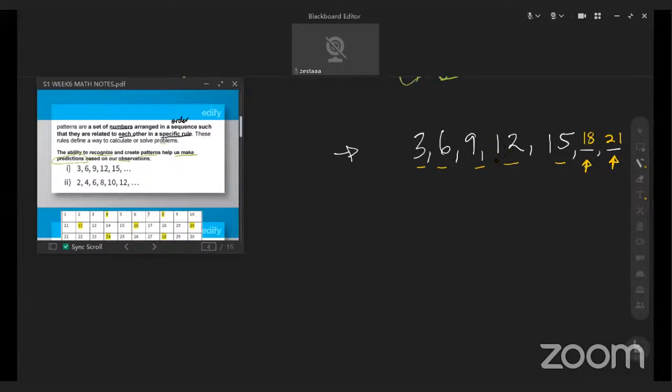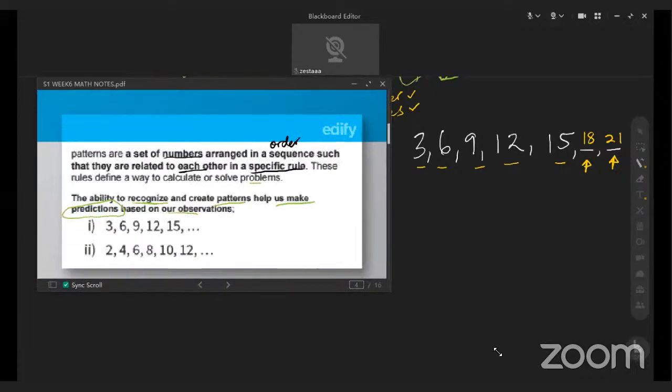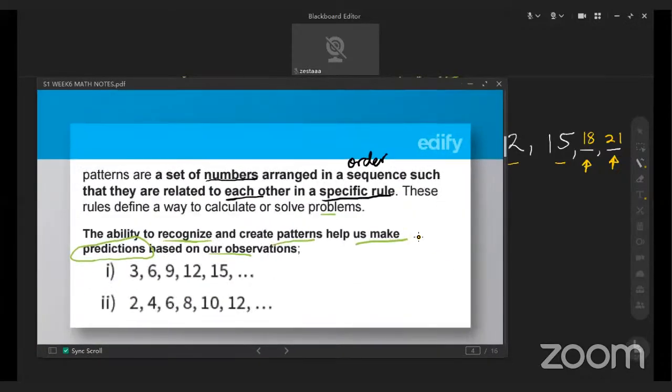The knowledge we have now is that when you have some numbers given to you in order, following a certain rule, you can get the other numbers that will follow. That's what we should know as far as this is concerned.